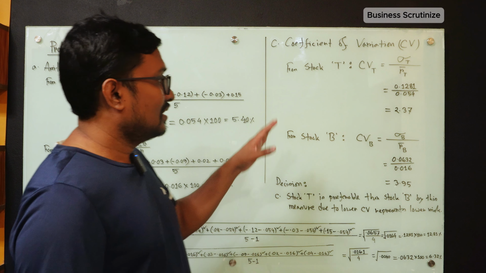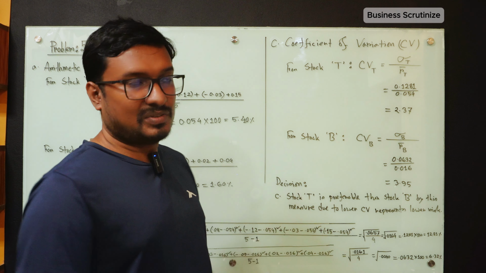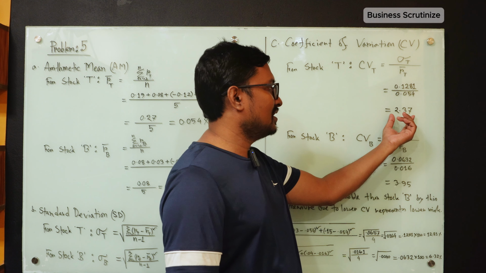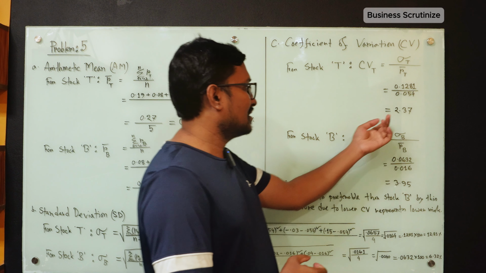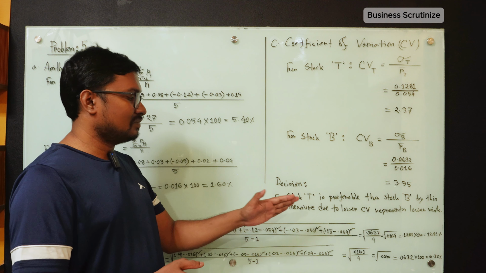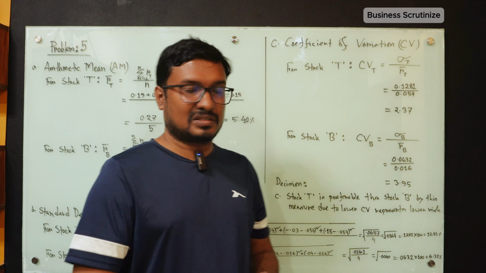So this measure shows that stock T is preferable because it has a lower coefficient of variation. We can conclude that stock T is preferable to stock B by this measure due to the lower CV, which represents lower risk.